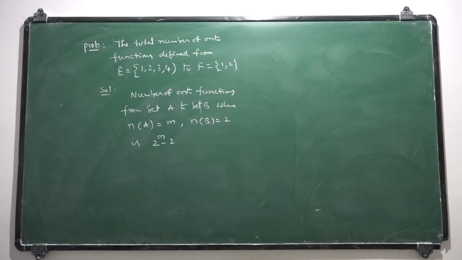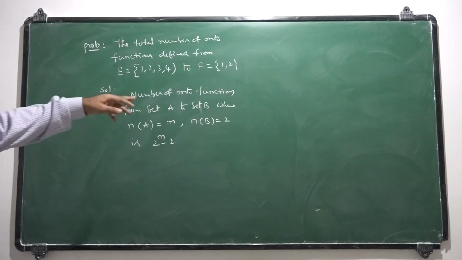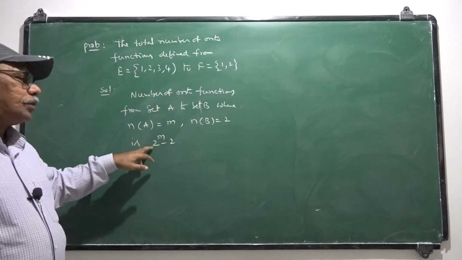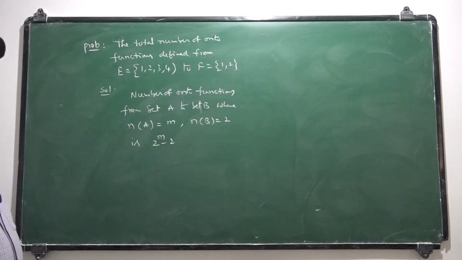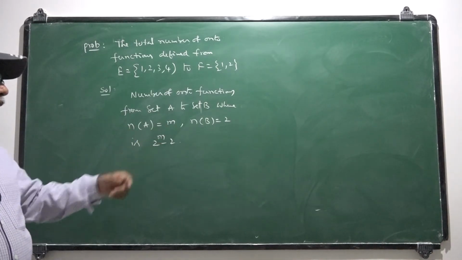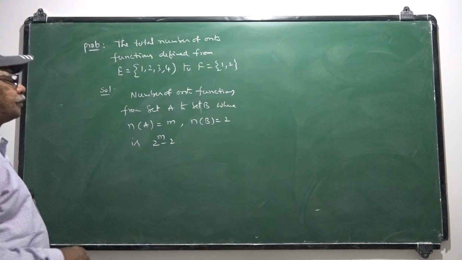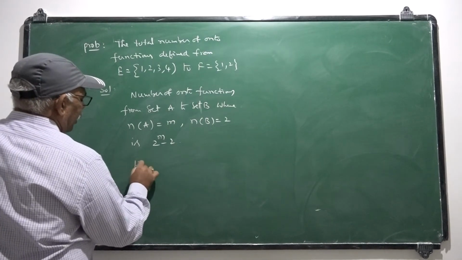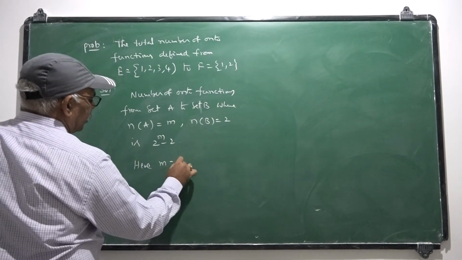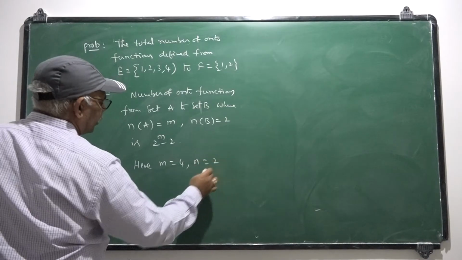The number of elements in A, the domain, is m. The number of elements in the codomain is 2. Then the range set is 2 because of onto mappings. So the total number of onto functions that can be defined from A to B is 2 power m minus 2. Here n of A, m equal to 4, n equal to 2.